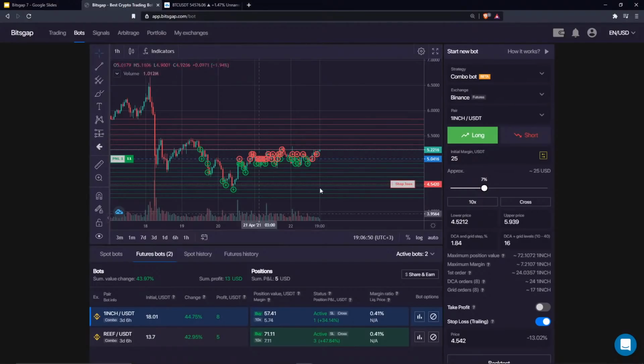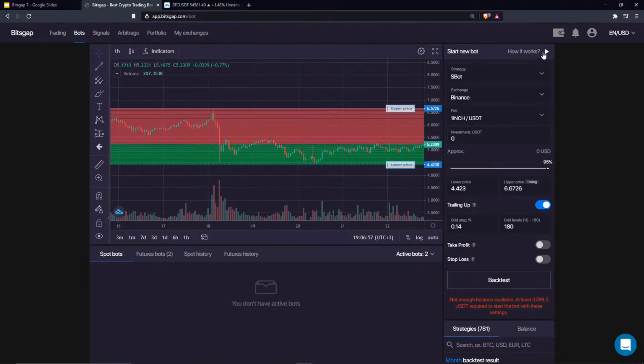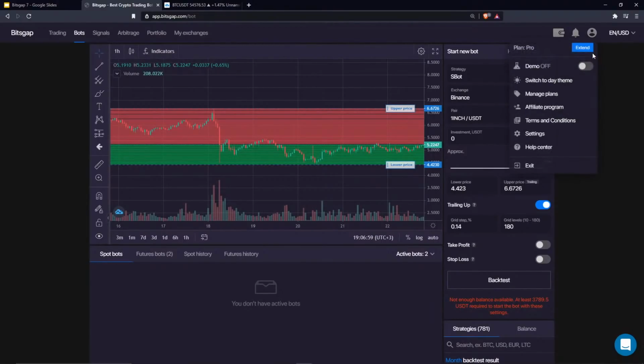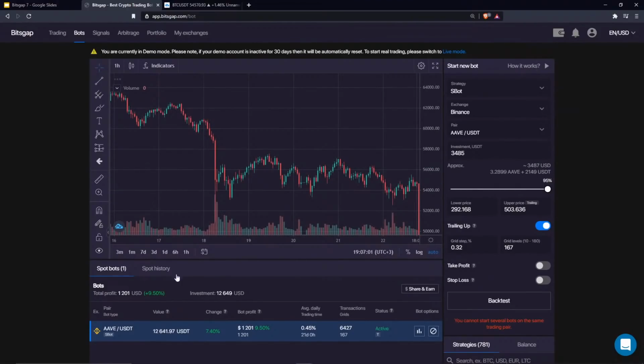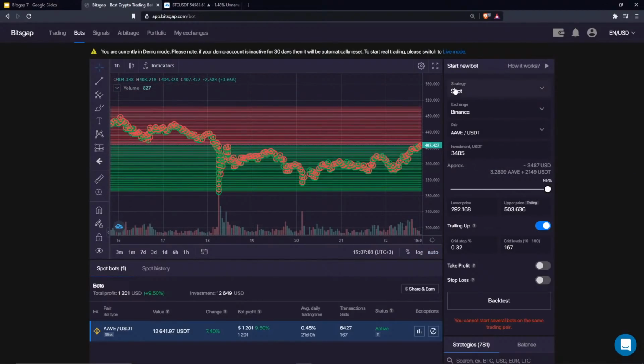Okay, so if I switch back to my Binance account, spot bots, you see that here I can switch to the demo mode and I can trade with my virtual money basically. And that's a perfect tool for those of you who are a newcomer.